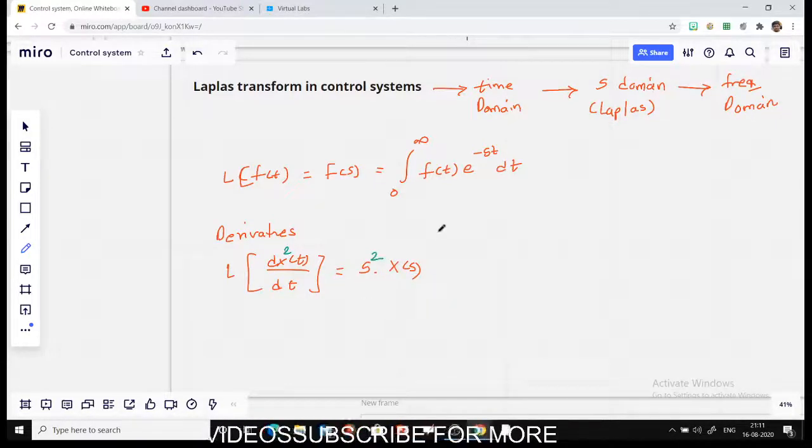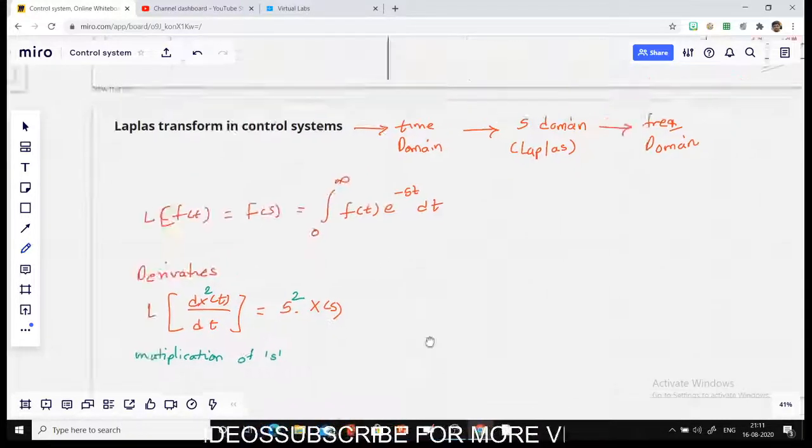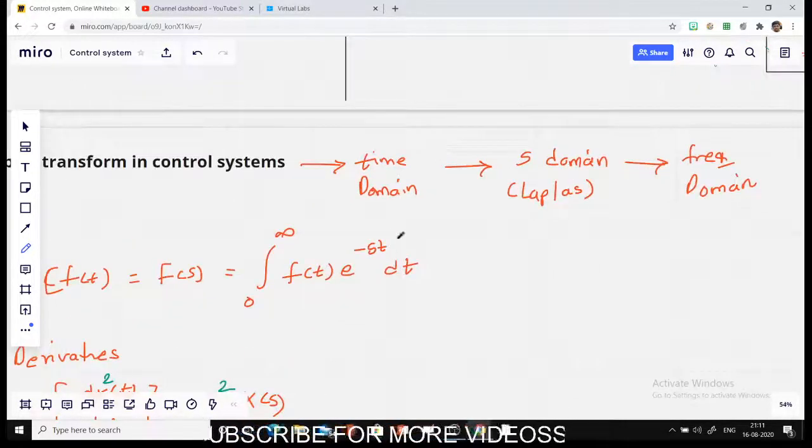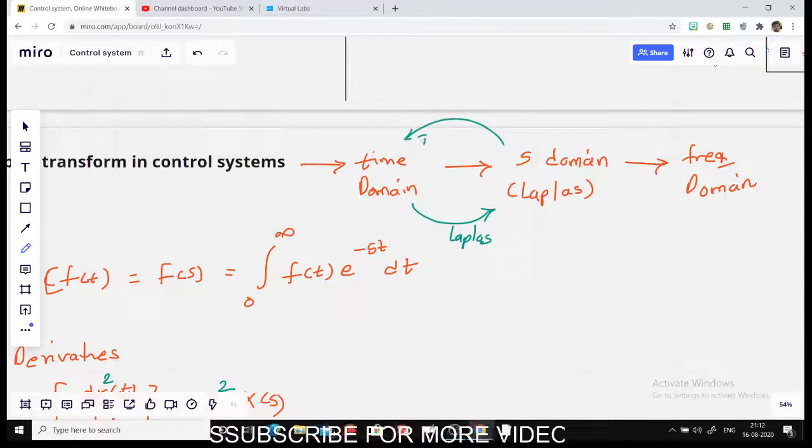So differential equations are basically getting converted into a multiplication by s, which is our variable in S domain. So if we want to go from time domain to S domain, we take the Laplace transform, and from S domain to time domain we take inverse Laplace.